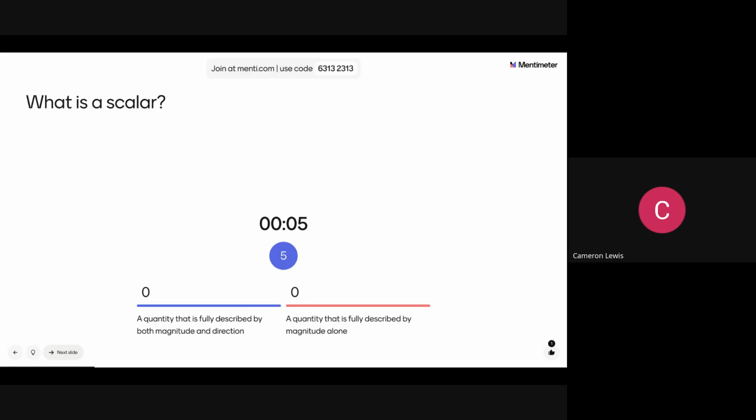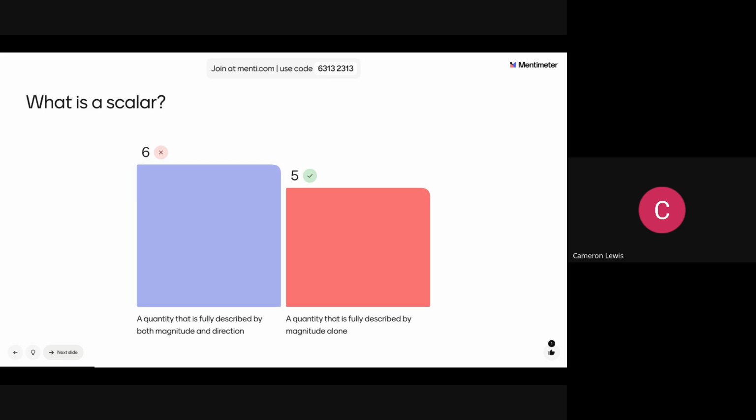Is it on? I don't see it on mine. Did it switch? It's supposed to be on this, right? Reload it real quick, just refresh it.